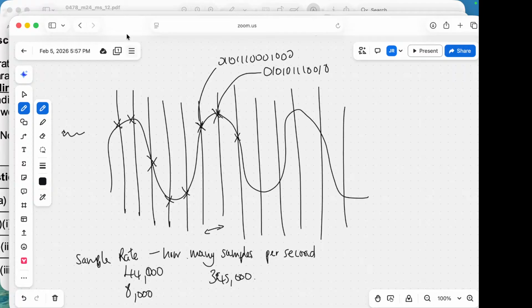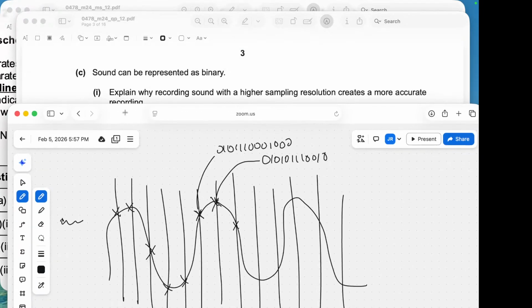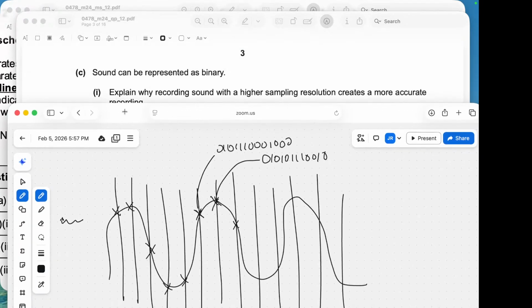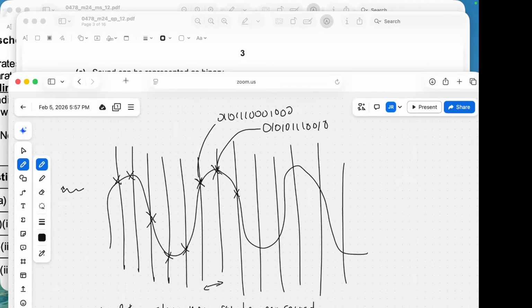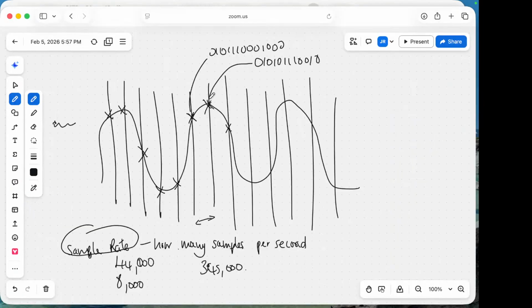So what they're really talking about here is the resolution, which is not the rate, so not how many times you're doing it, it's how many bits you're storing for every sample that you take. So the resolution is how many bits per sample taken.